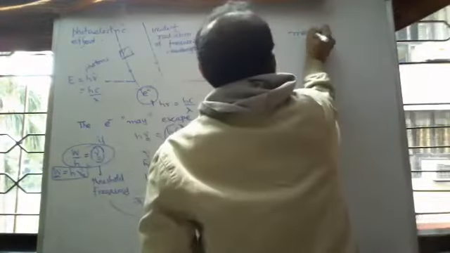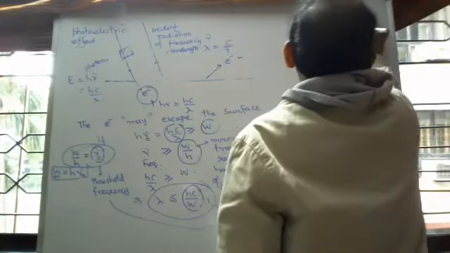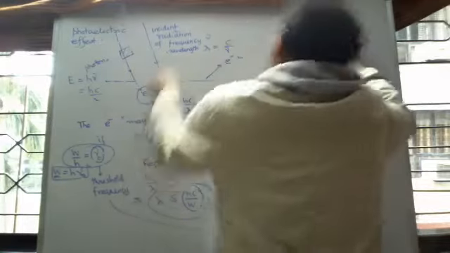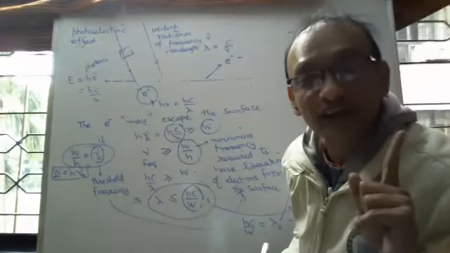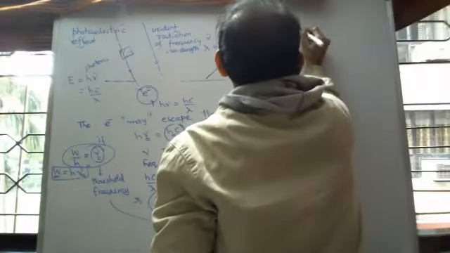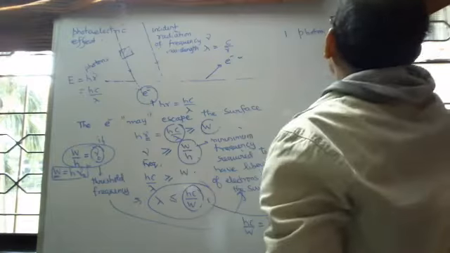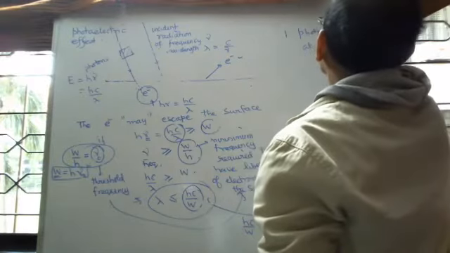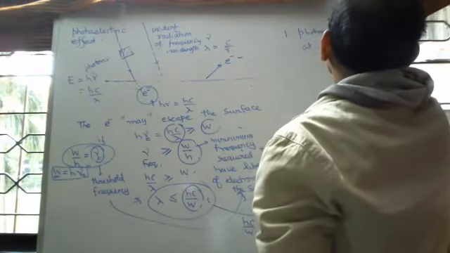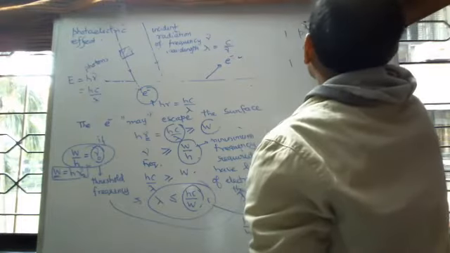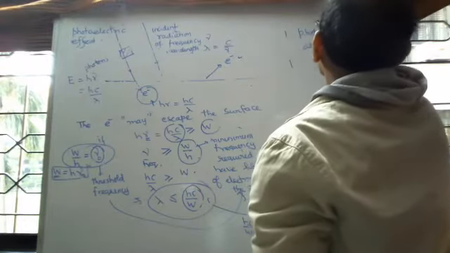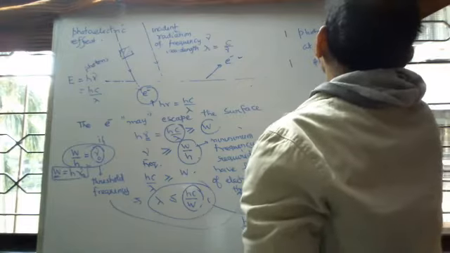So, मतलब एक फोटोन के कारण एक ही इलेक्ट्रॉन इजेक्ट हो सकता है, लिबरेट हो सकता है. Max, one photon can at best have 1 photoelectron liberated.